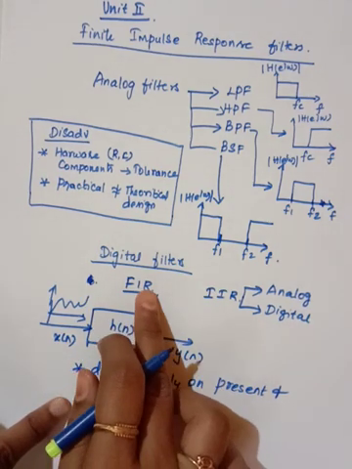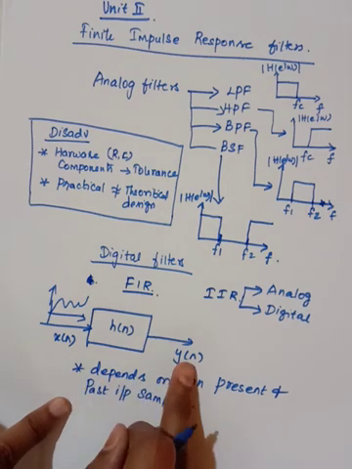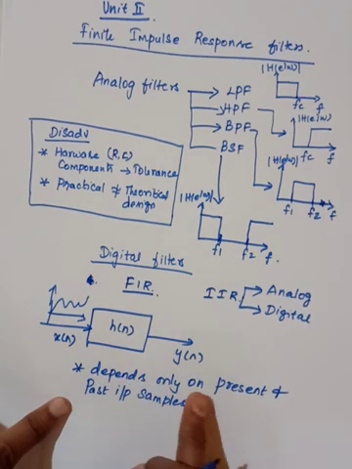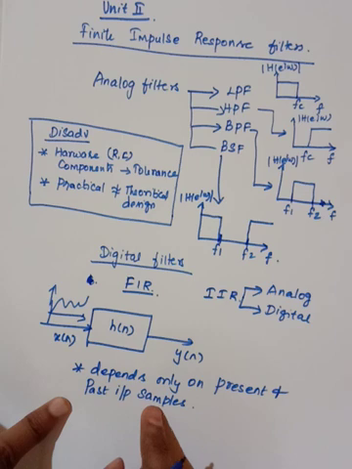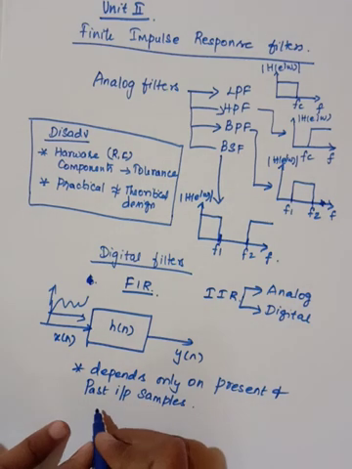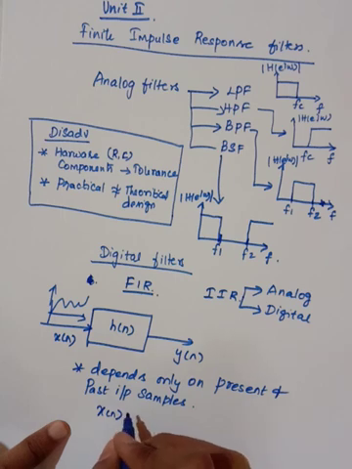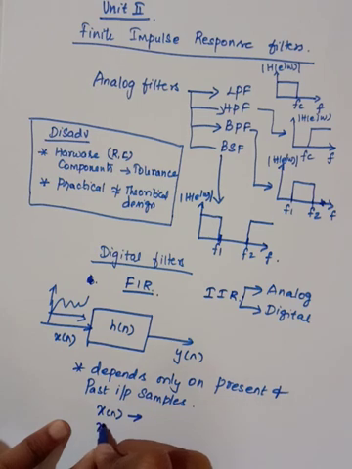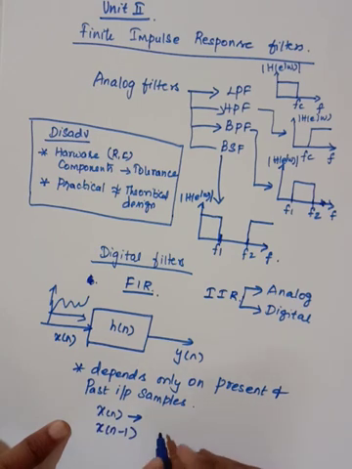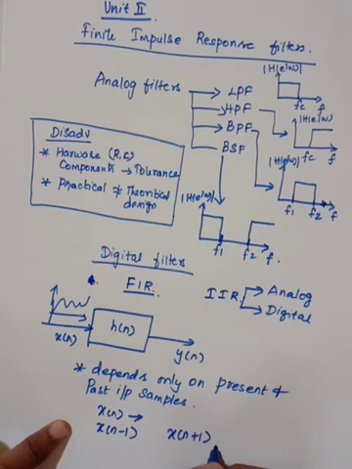In this FIR filter, the output y of n depends only on the present and past input values. You know that in signals and systems we have already discussed that x of n represents the present value, the past value we denote by x of n minus 1, and the future value we denote by x of n plus 1.